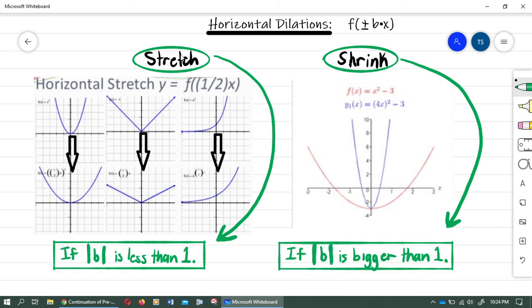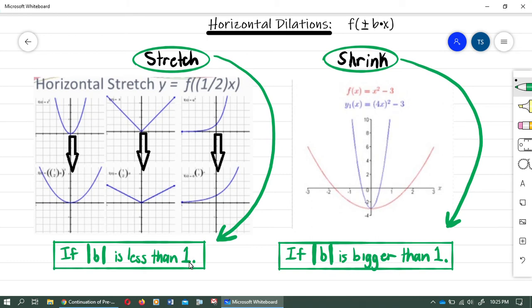So again, it'll be a horizontal stretch if the absolute value of b, that number multiplied on the inside, is less than 1.